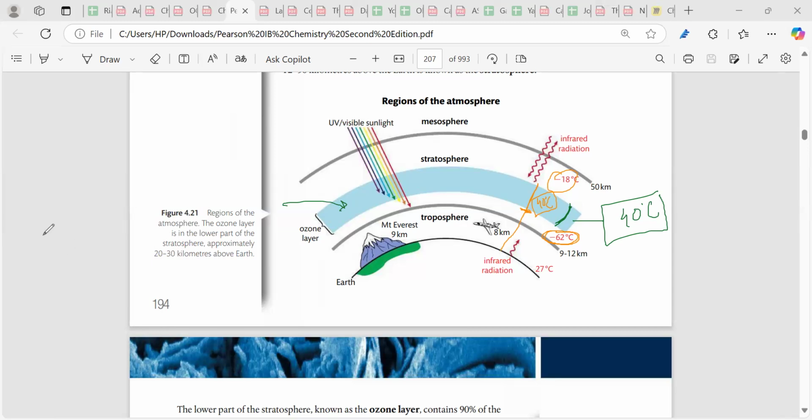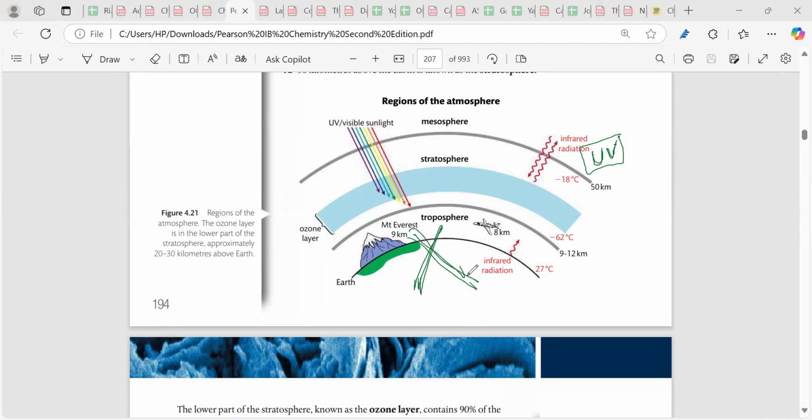Fine. There must be some reactions happening over here which increase the temperature. Second, we know that ultraviolet light kills the body's cells, all the living cells: plant cell, animal cell, whatever. If ultraviolet rays come to the earth, there will be no living organisms present.